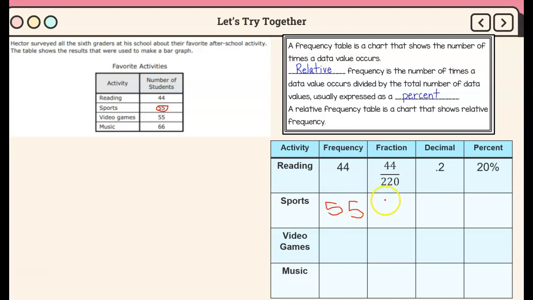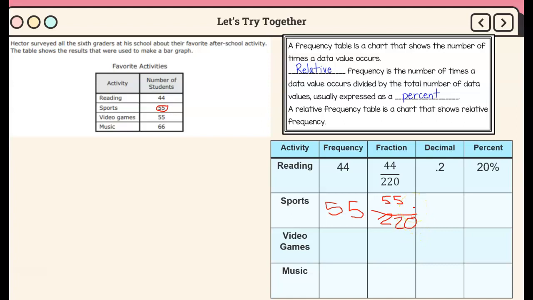Okay, our numerator is going to be 55. That's the part that we're looking at. We're looking at how many kids' favorite activity is sports, so that's going on top. Underneath, our denominator is going to be the whole. Okay, we said there's 220 altogether, so that's our fraction, 55 over 220.